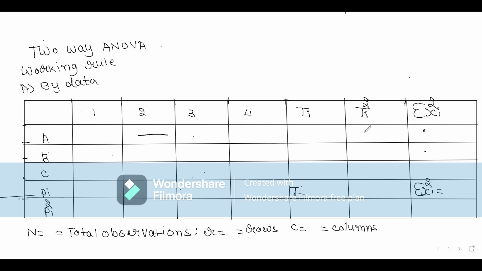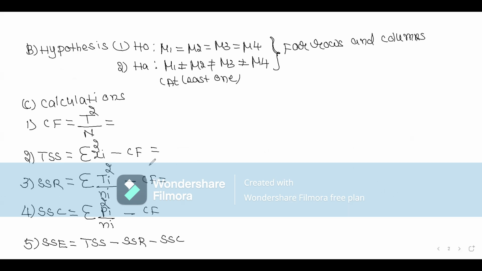And therefore, Ti square divided by 4 you can take. And similarly, here, T1 square divided by 4. T1 upon N1. Then this value divided by 4. And similarly, this value divided by 4, plus this value divided by 4. You can write here. See here. And minus CF, CF is already here. You take a minus CF.